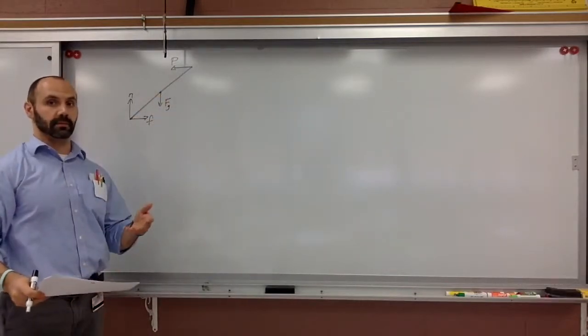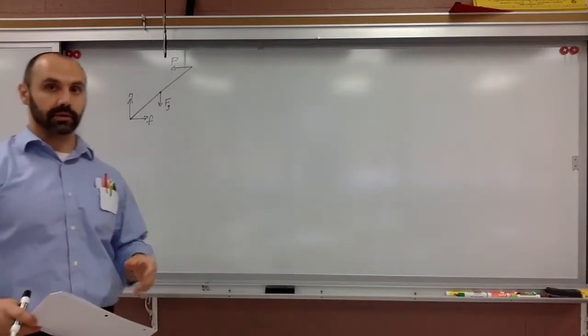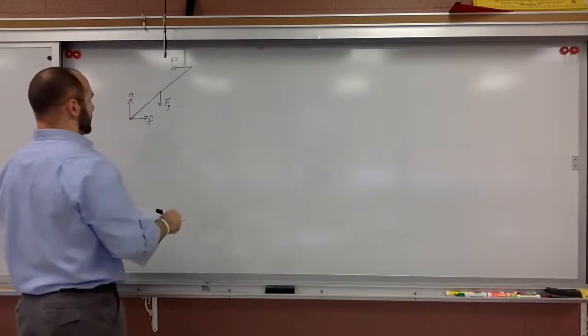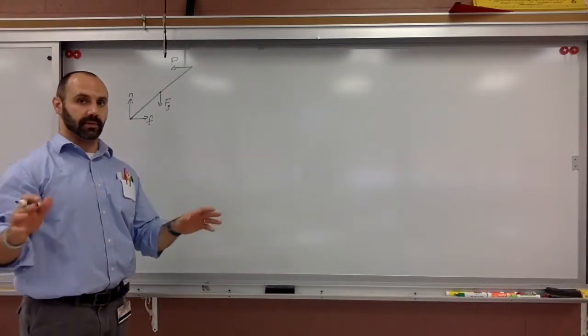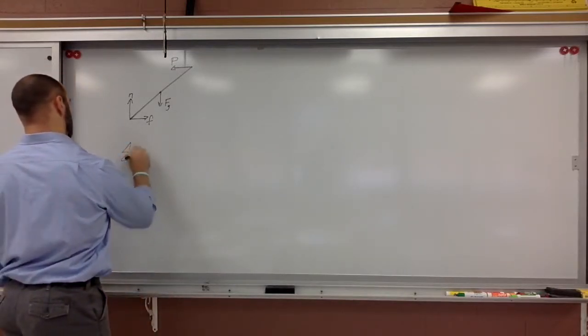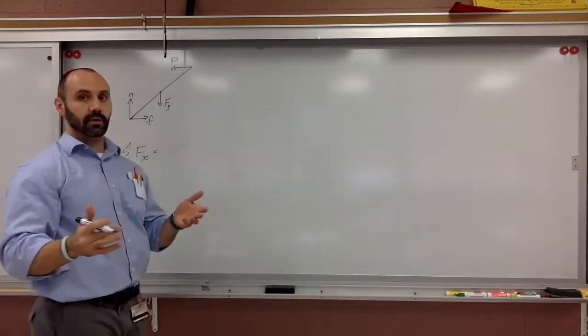Okay, so in this problem now, we've got to be really careful with our diagram and with the labels that we use and paying attention to direction and angles and that kind of thing. So here I'm just going to start by writing all the sigma F equations and sigma tau. So sigma Fx, the horizontal forces here, what are they?